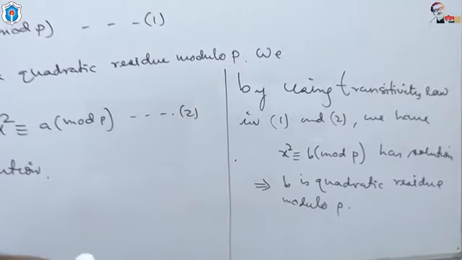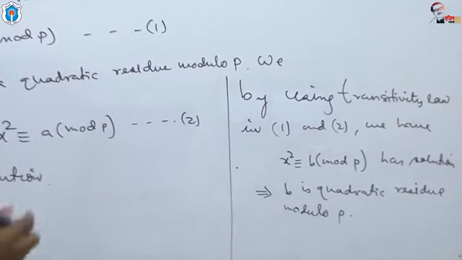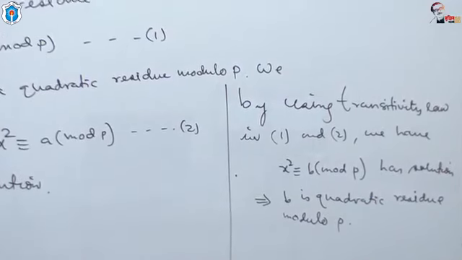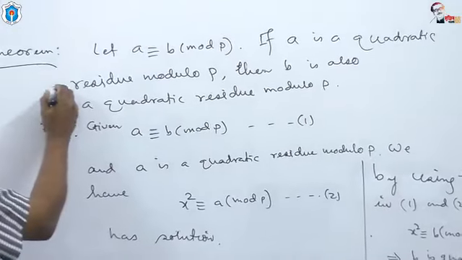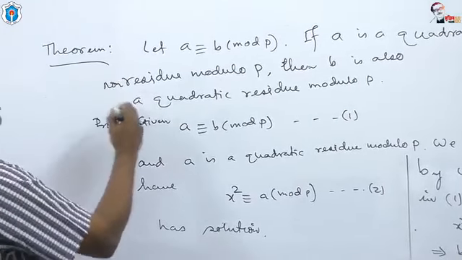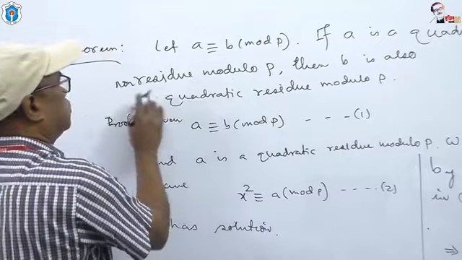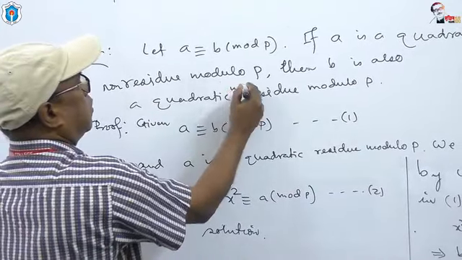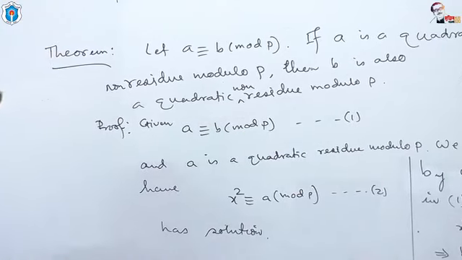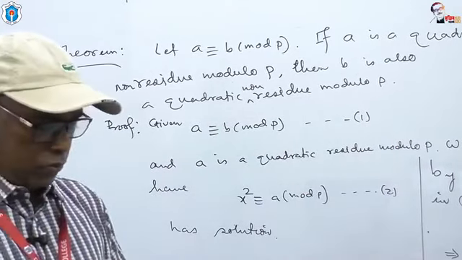Similarly, we can show that if a is a non-residue, then b is also non-residue. Similarly, this proof is left for you.